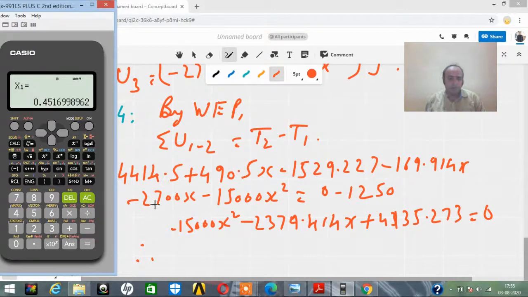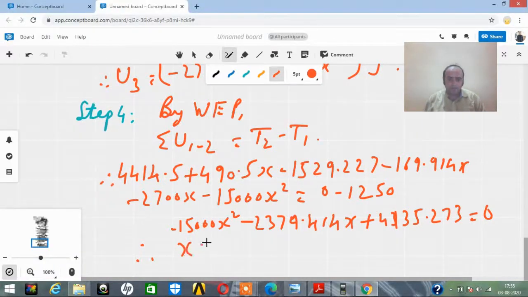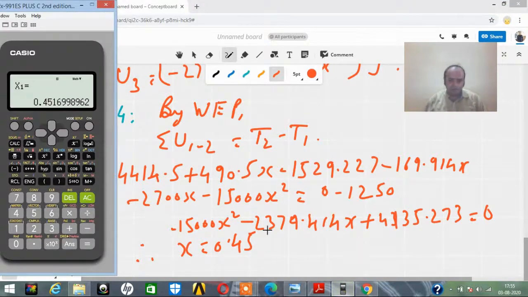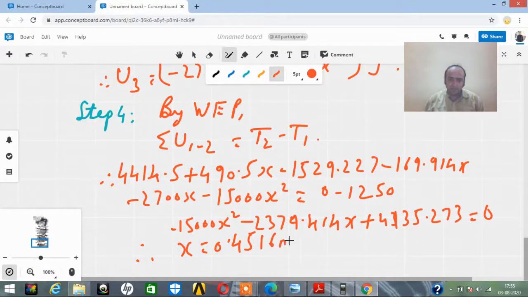So friends, the value has come. Therefore, x is equal to 0.4516 meters. So here is the correct answer.